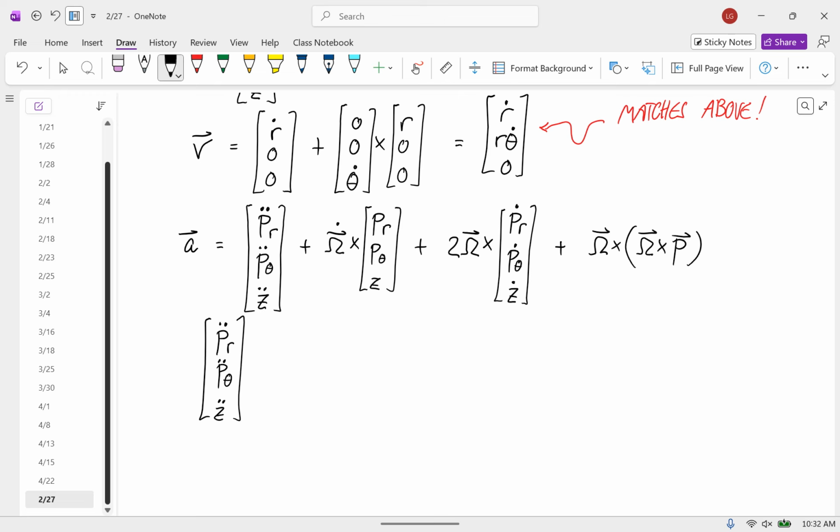Our P_r is R, and so double dot is just R double dot. Our P_theta is 0, so the second time derivative of 0 is 0. Our Z is 0, so again, 0.